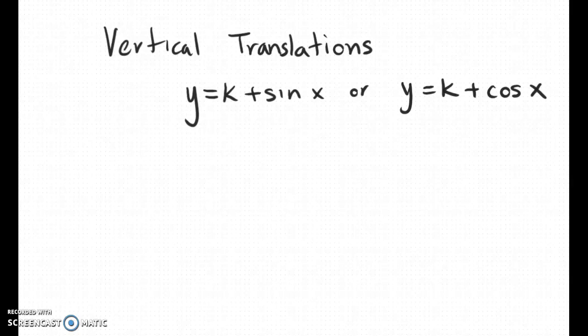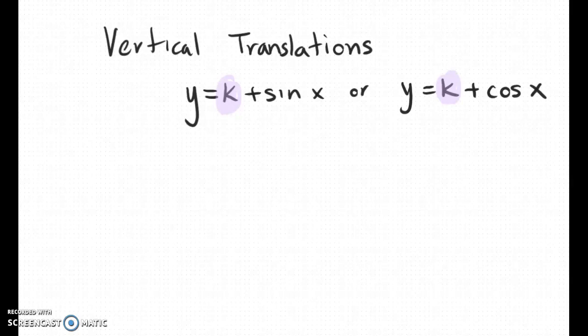And so if you have an equation where you have added a positive or a negative number to the sine or the cosine, so it's added to the outside, then you're going to end up with a vertical translation.